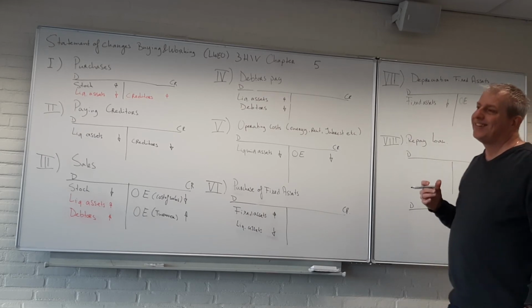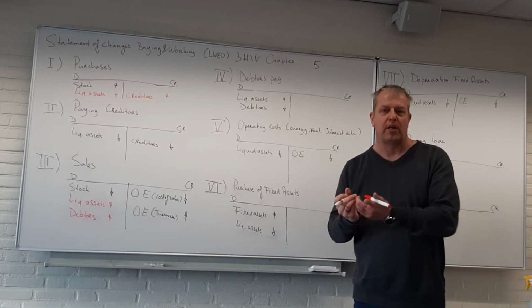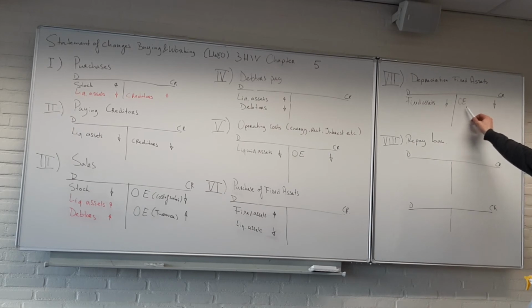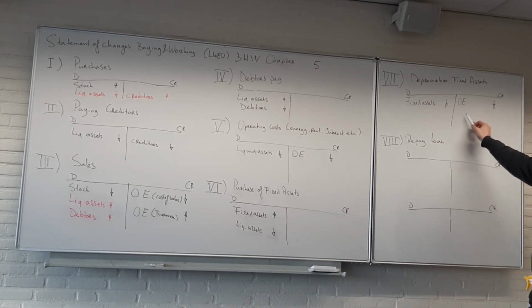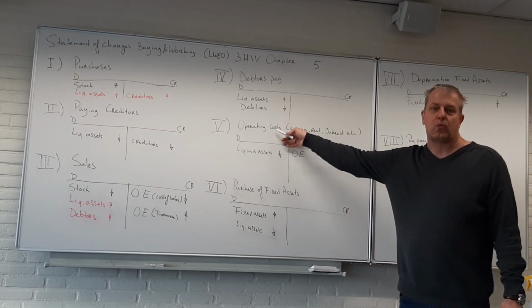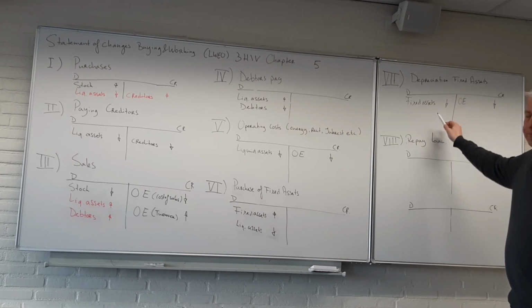Because the things that you own lose their value, so you become poorer in a way. Yes? And your wealth is expressed in the owner's equity. Yes? We call this depreciation charges, which are a part of the operating cost as well. But as you can see, they are dealt with differently.